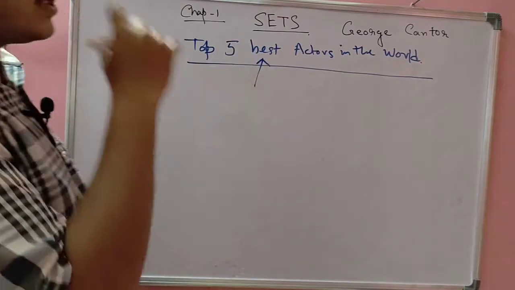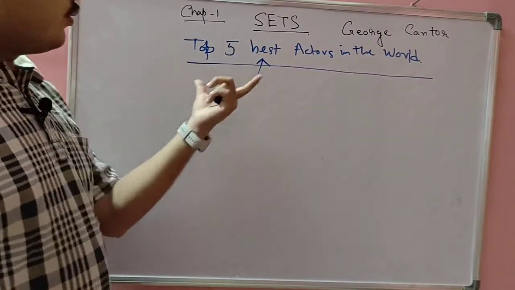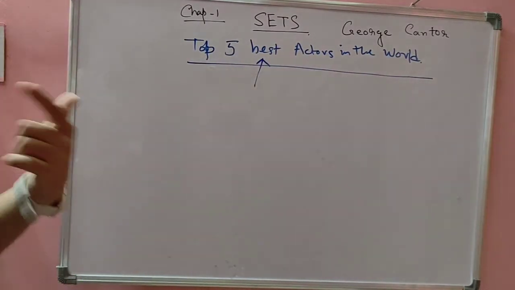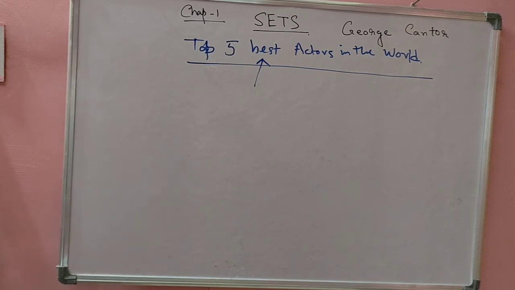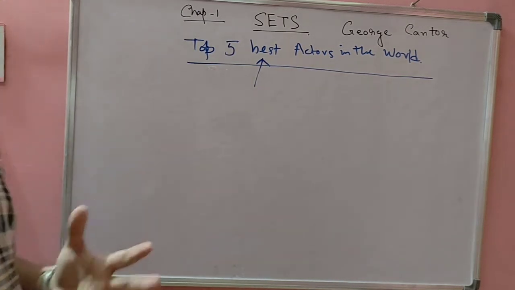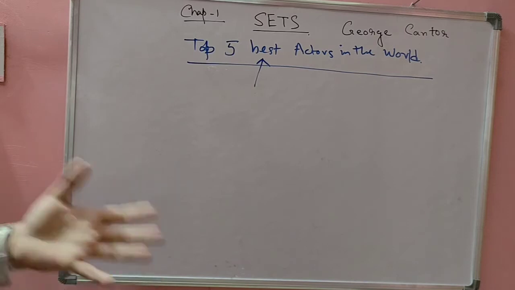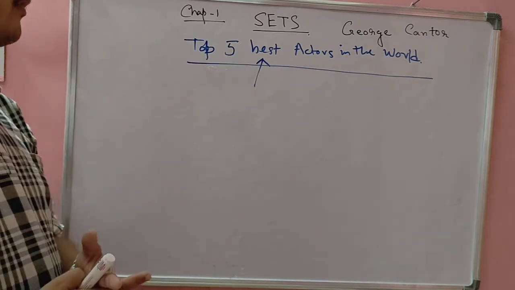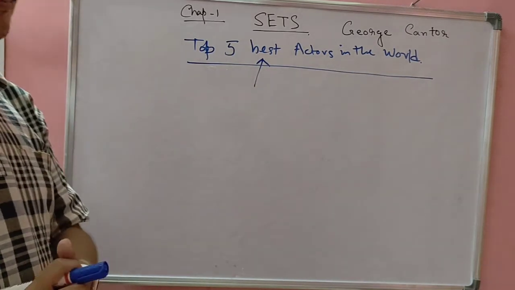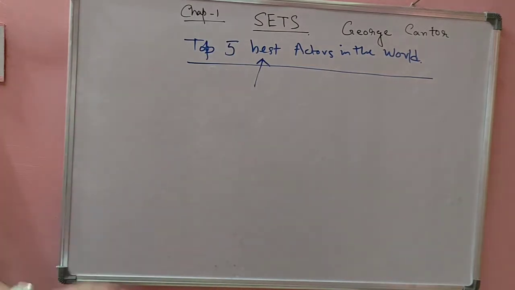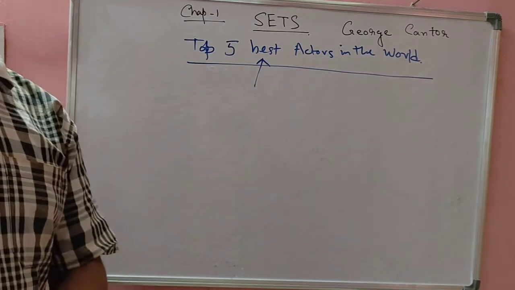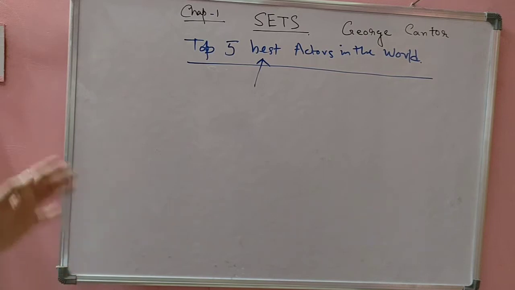We haven't decided any criteria. We can say best actors according to the Academy Awards of USA, or the Golden Globe Awards, or BAFTA, the British Academy Awards, or the number of movies they have performed in, or the screen presence time, like that.